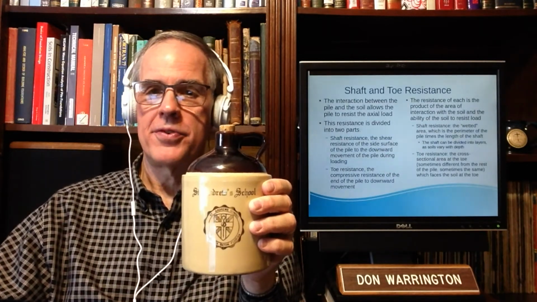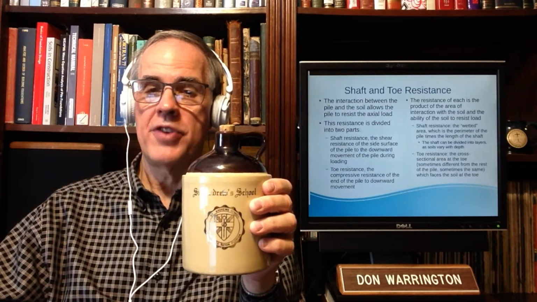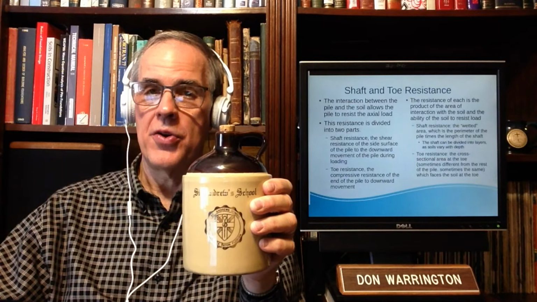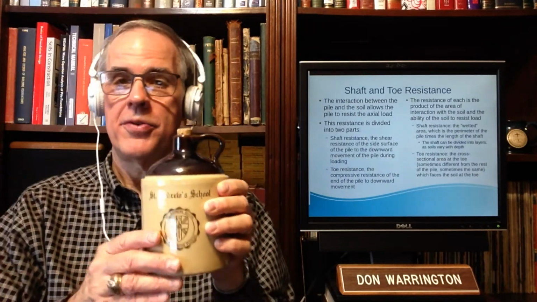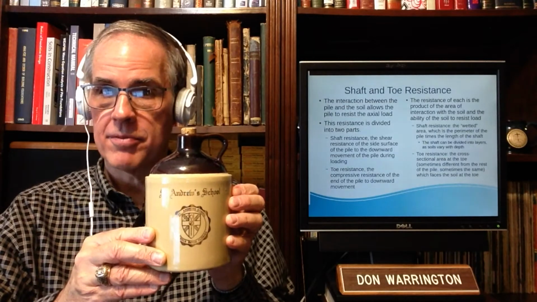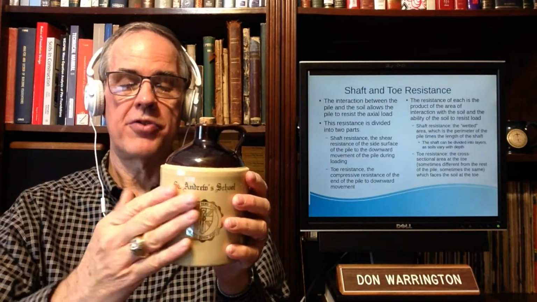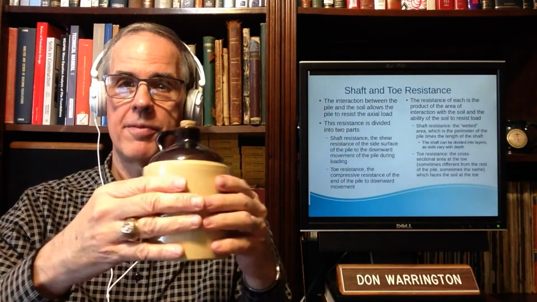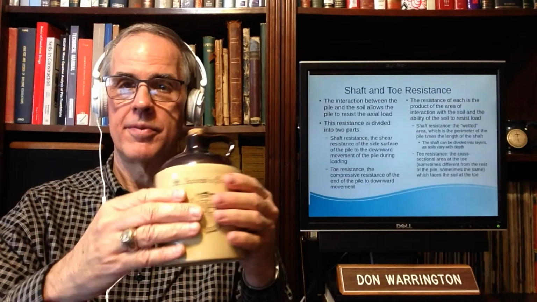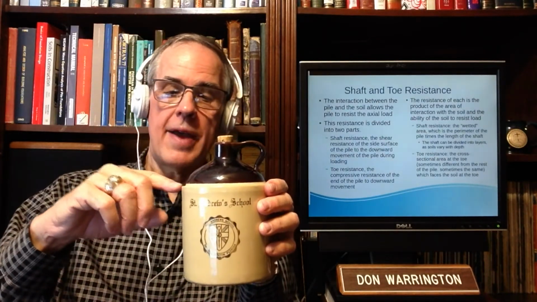Now, this is another place where students get buffaloed. I talk about the shaft area and the toe area. Let me describe both using the same object. The shaft area is basically the surface area of this jug that I'm holding in my hands.